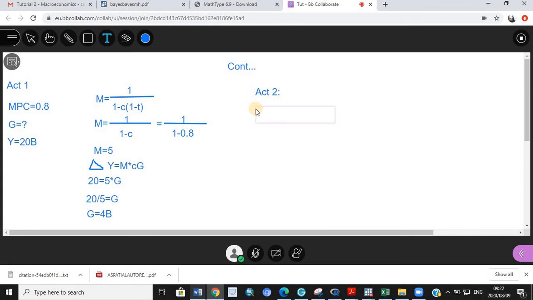We say MPC is again 0.8. The question is, what happens to Y?